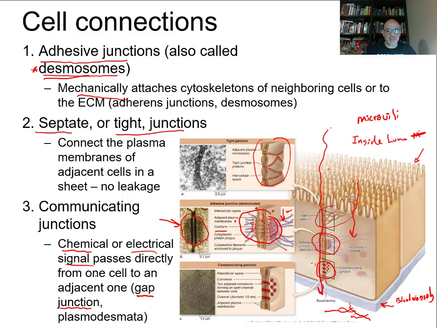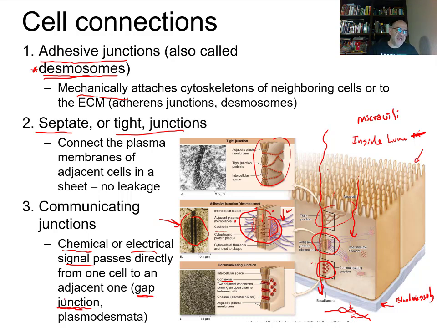That's very important in communication between the cells. So these are communicating junctions, and in animal cells, they're called gap junctions. That's sort of like a vocabulary word to know. There are special proteins that have names there. Again, don't bog yourself down in details, but those proteins are called connexons.